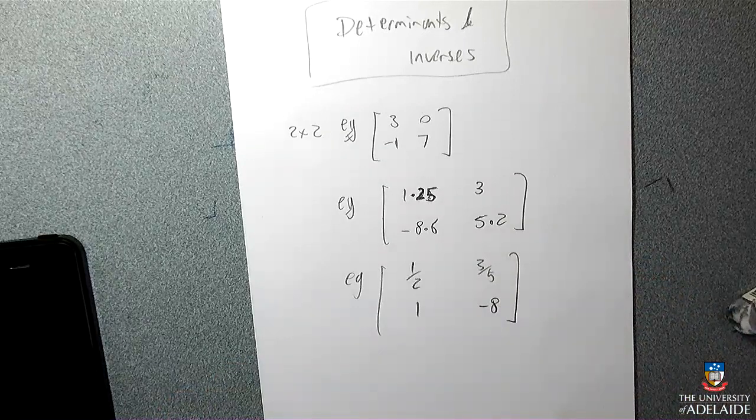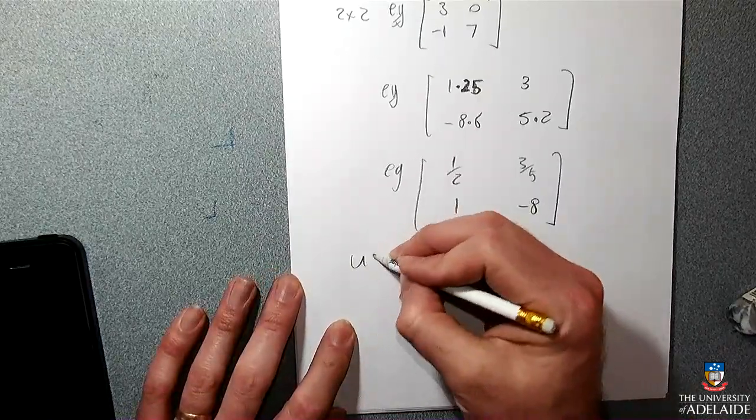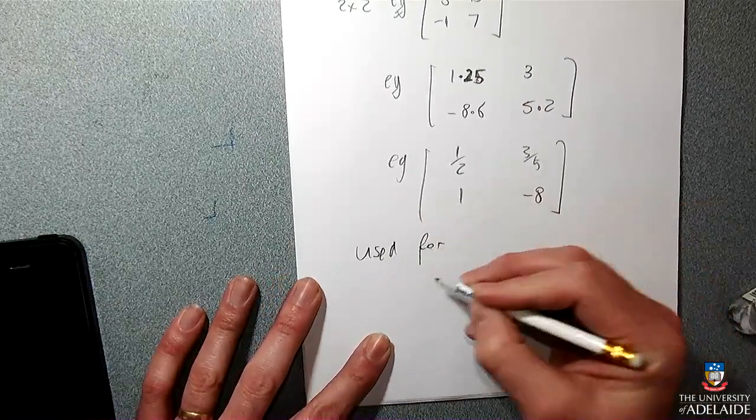The point is that when we're using matrices, at least in this course, your matrix is representing the coefficients of a set of equations. And it's usually being used for something like this.